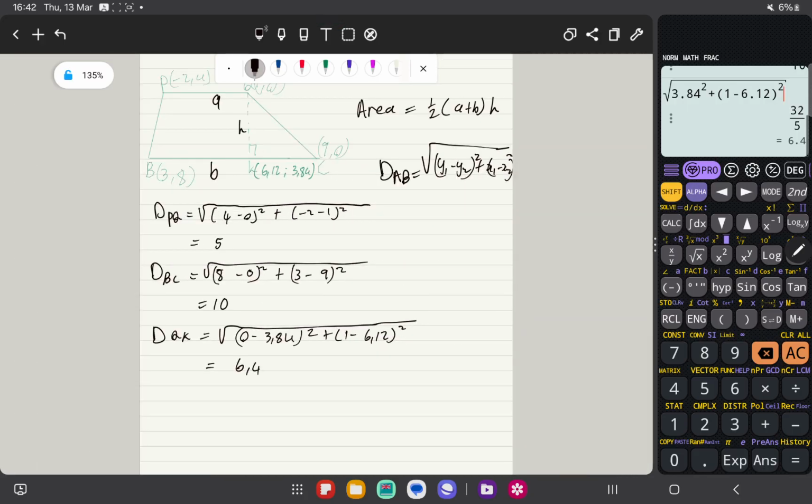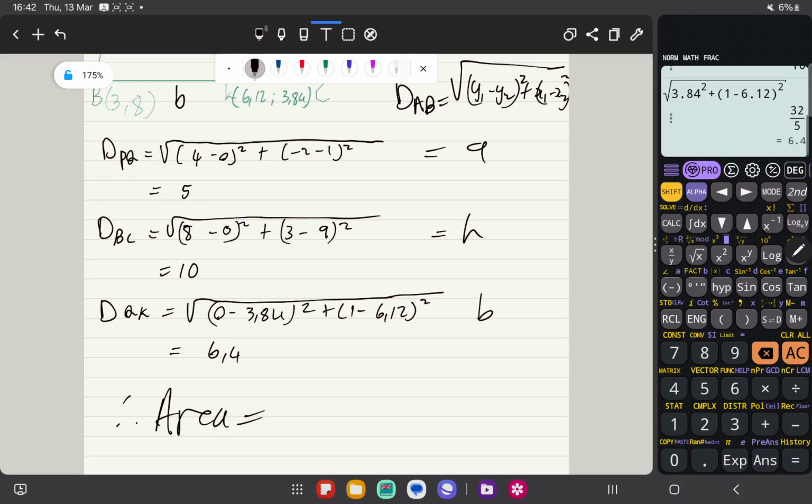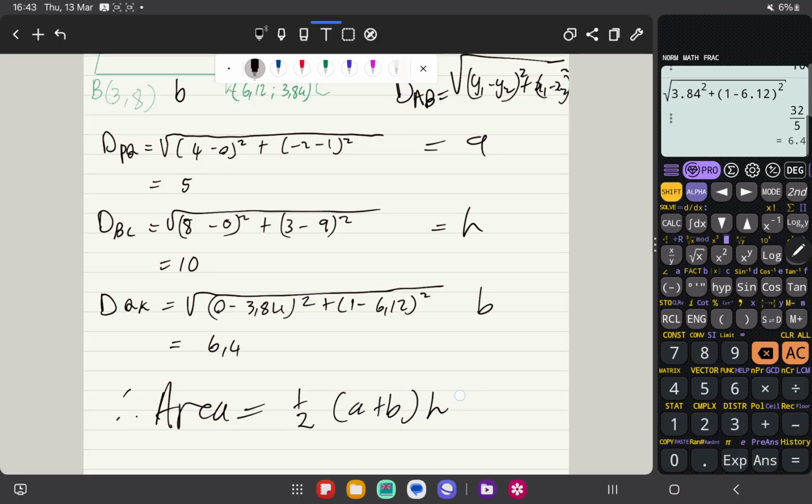Now I can just use them and say, remember, this is my A, this is my perpendicular height, and this is my B. So therefore area is equal to half A plus B height.